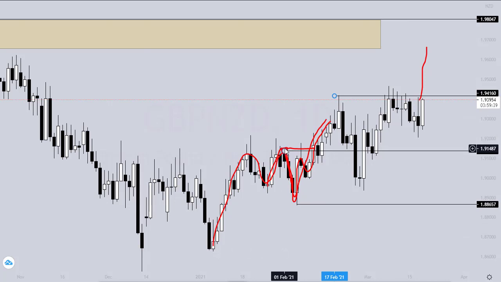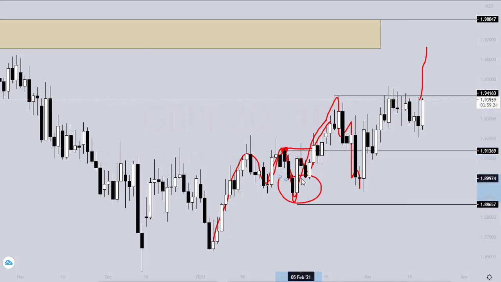And this is my broken structure. I always wait for the market to come back to the broken structure within the trading range, and I expect a reversal here after hitting a zone of my interest, grabbing liquidity here, and then the market starts going higher again.